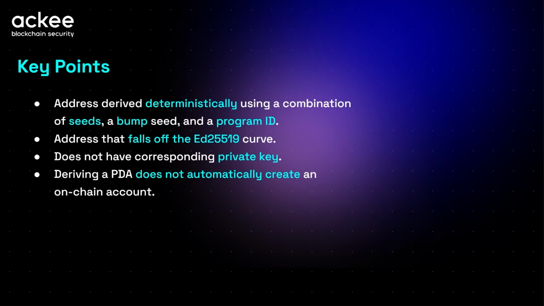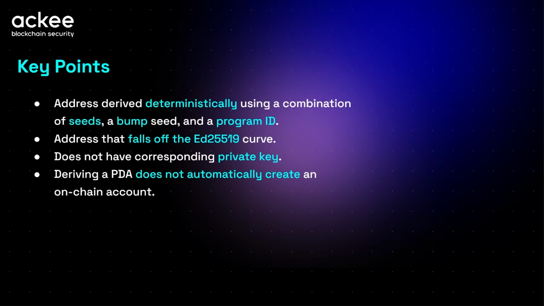In order to store data or to create data accounts and also to keep track of all of the data accounts used within your Solana program, you would also need to store all of the public keys of the data accounts if you use the regular key pair.